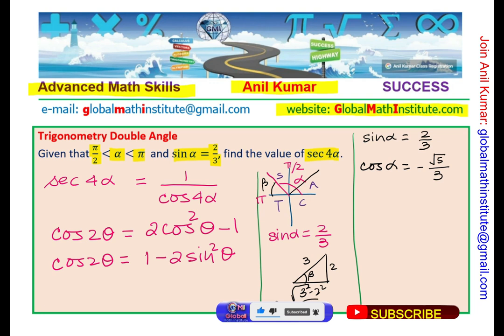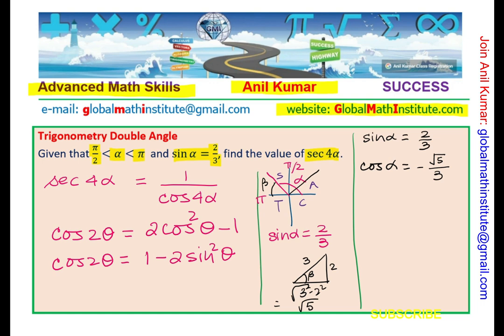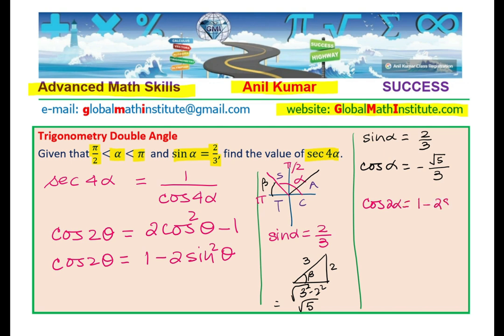So as you see here, our strategy should be that we can actually go directly to cos 2 theta, right? So from sine alpha of 2 by 3, we can say what is cos 2 alpha. So let's write down what should be cos 2 alpha. So cos 2 alpha will be 1 minus 2 sine square alpha.